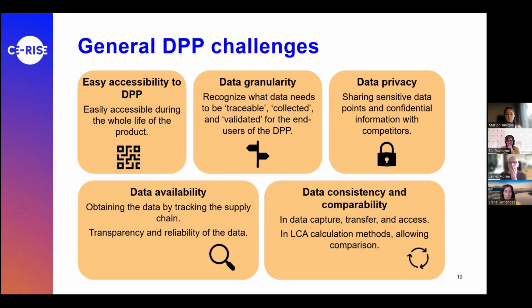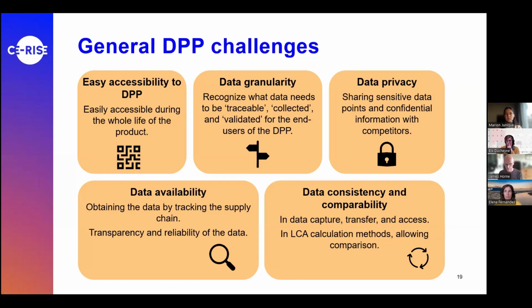The next challenge is the data granularity. So to recognize what information needs to be traceable, collected, validated, basically what information is really needed, as you can just input a lot of information in the digital product passport. It has to be focused on what you really need. The next challenge is data privacy.